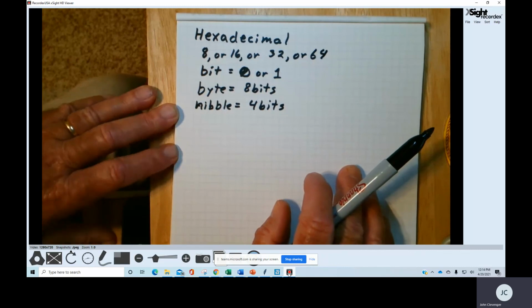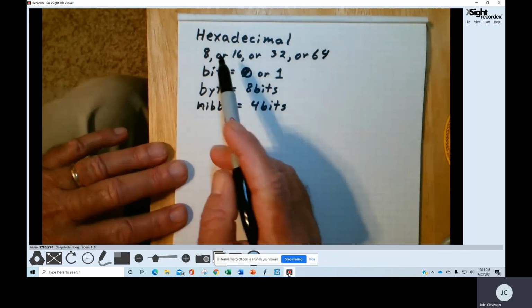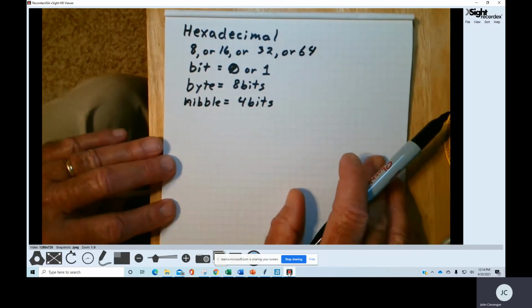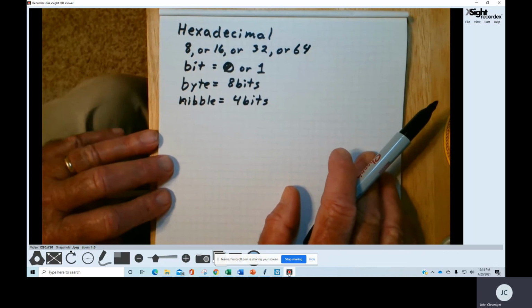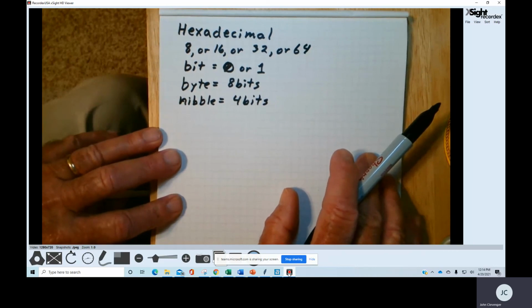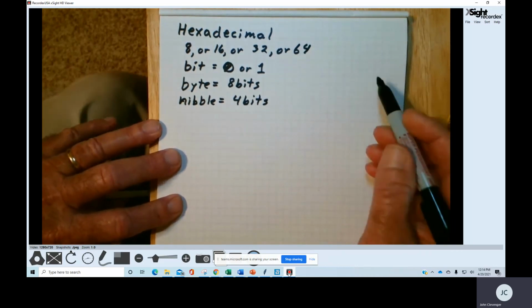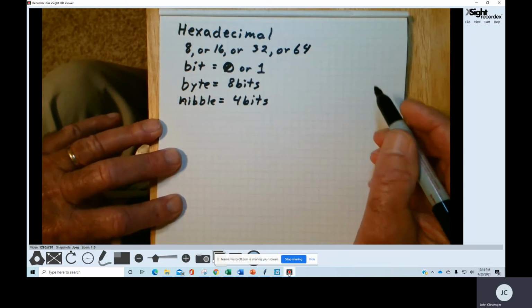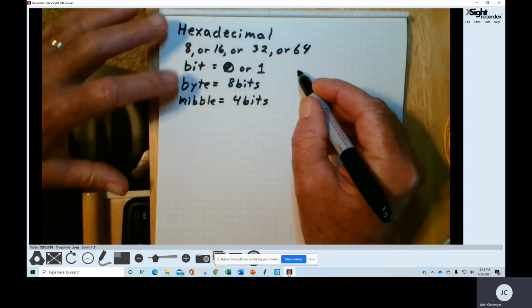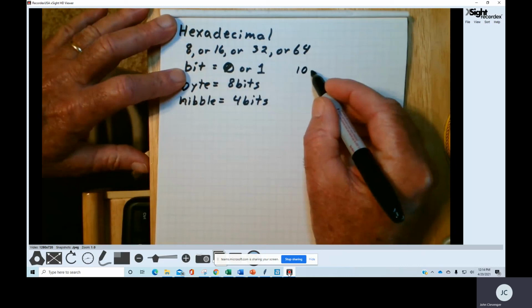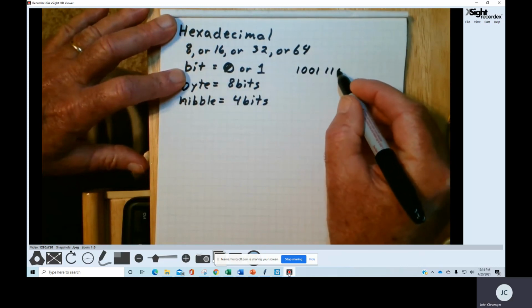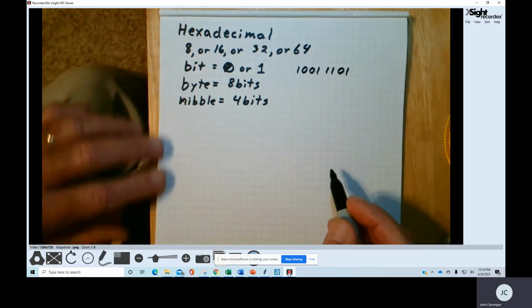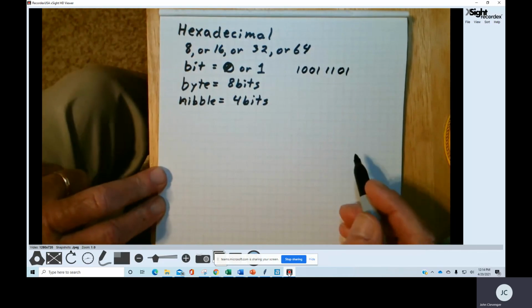Now, when we look at expressing these digital values that are either 8 bits or 16 bits or 32 bits or 64 bits, appreciate the fact that if we had some 8-bit string of zeros or ones, such as 1, 0, 0, 1, 1, 1, 0, 1, that it would be difficult.